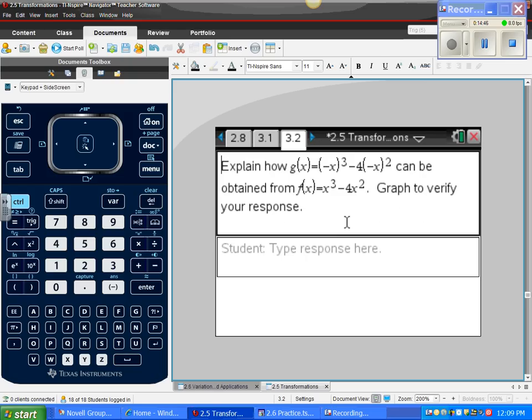Explain how g of x equals negative x cubed minus 4 times negative x squared can be obtained from f of x equals x cubed minus 4x squared. Graph to verify your response.